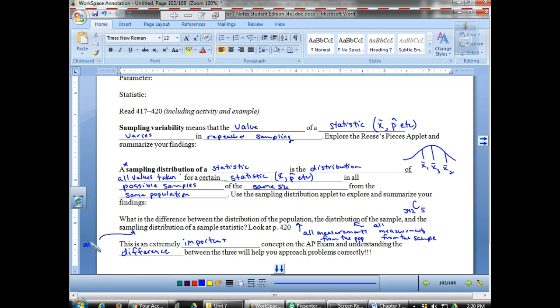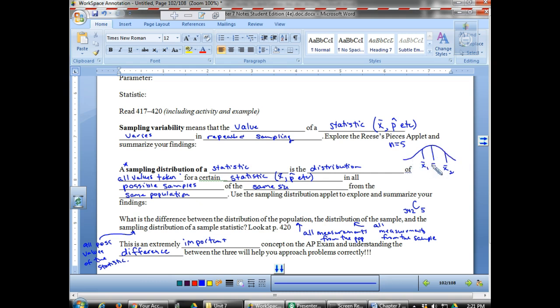It is all possible statistics, all values of whatever statistic it is you're looking at. So if I took every single possible mean from a population, let's just go with size 5, and I took 5 tank serial numbers and averaged them over and over and over and did every single possible one, that is a sampling distribution.